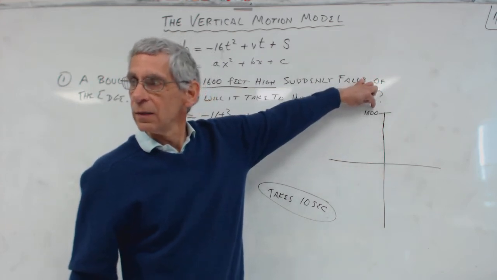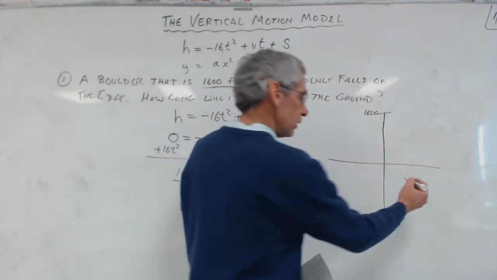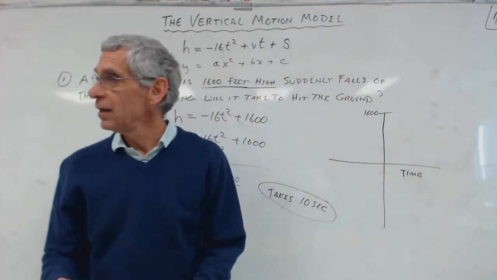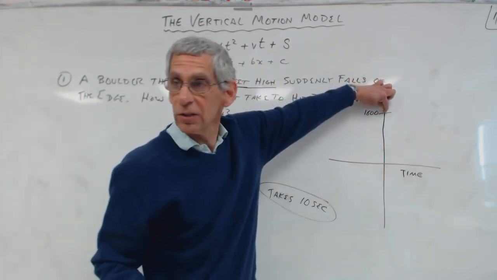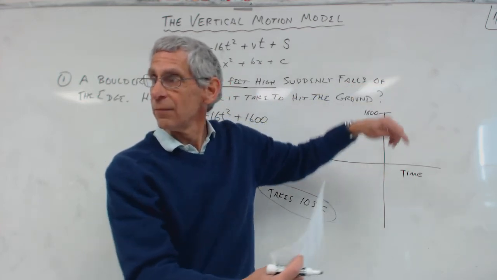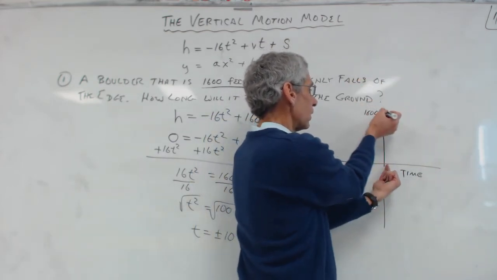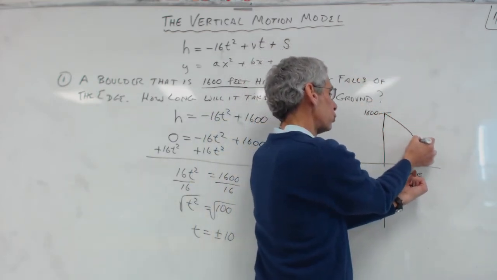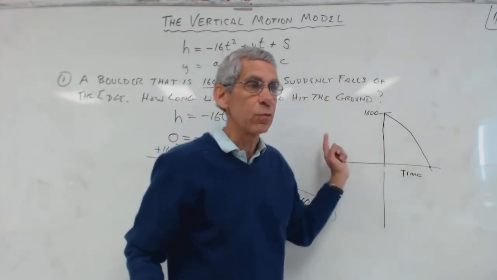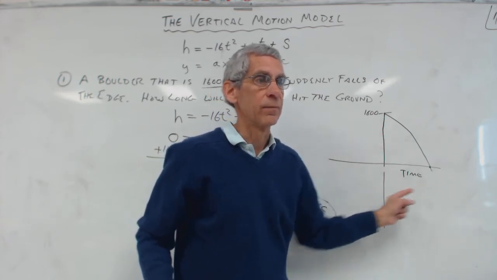But what are we leaving out when we do that? We're leaving out the time factor, right? As soon as the boulder starts to fall, the clock starts ticking. So you're actually seeing a parabola because of the time.